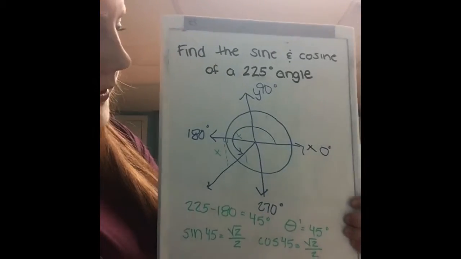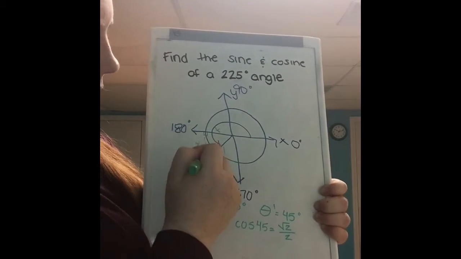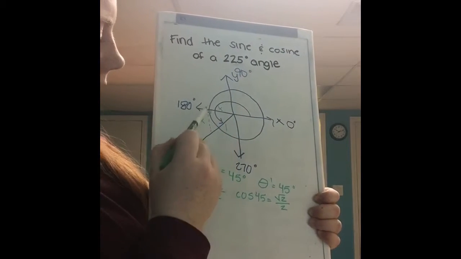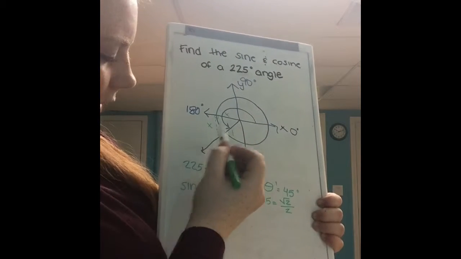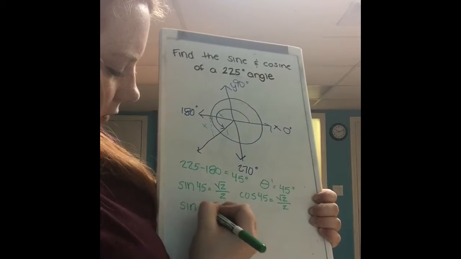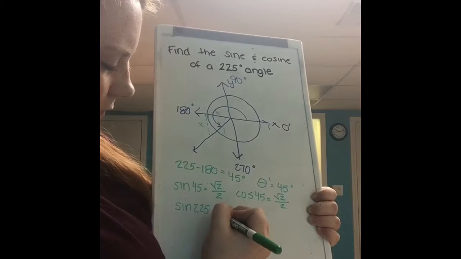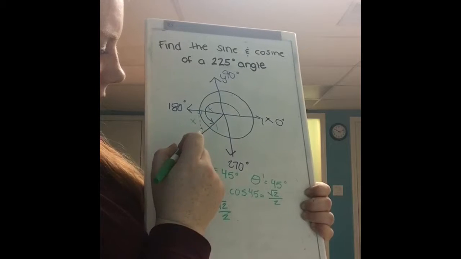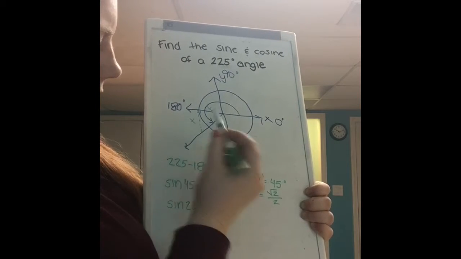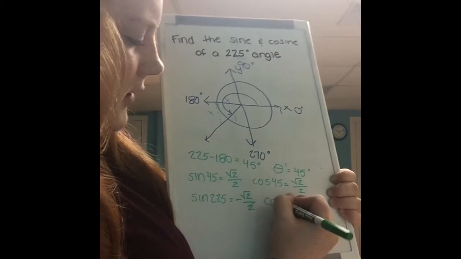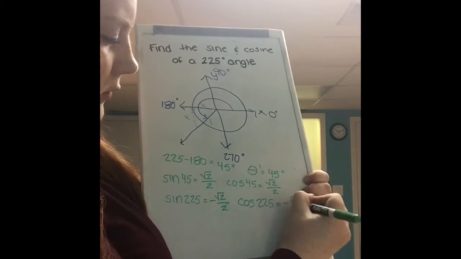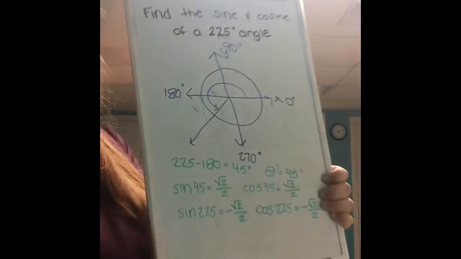The only problem with this one is that we're in a different spot. So our triangle is now in the third quadrant instead of the first quadrant, saying that our y value, which is sine, is going down, making the sine of a 225-degree angle negative root 2 over 2, and the cosine of a 225-degree angle would be negative root 2 over 2 because we are in the third quadrant.